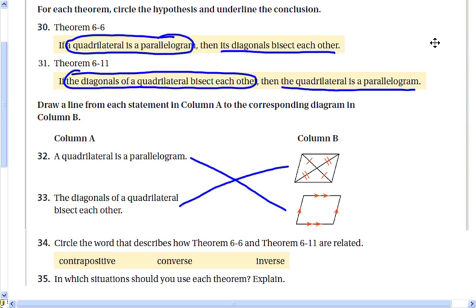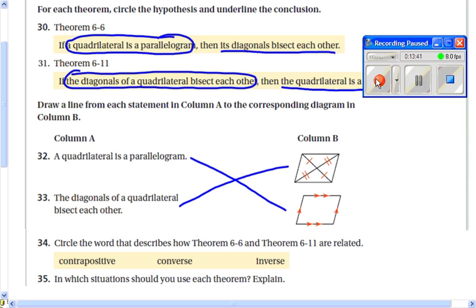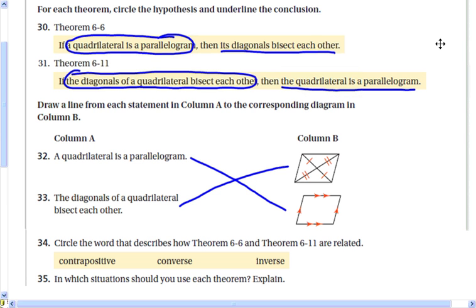All right, the lesson check. How is theorem 6.11 in this lesson different from 6.6? Actually, the two theorems are the converse of each other.